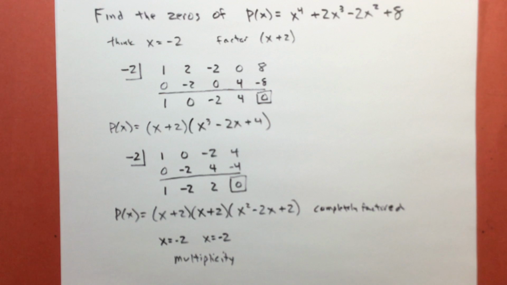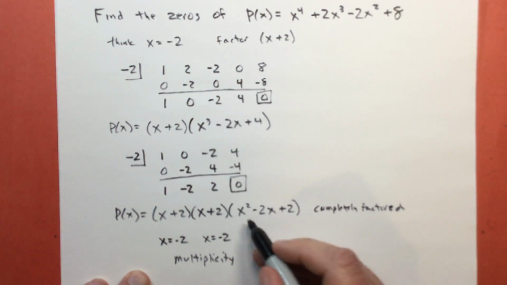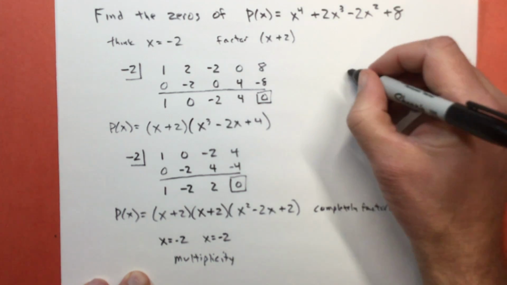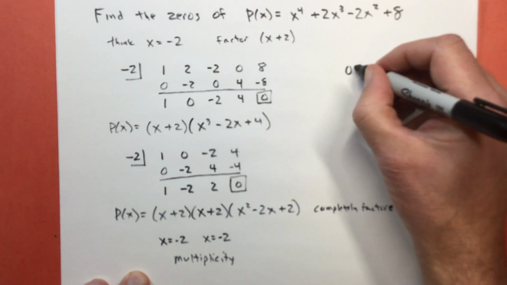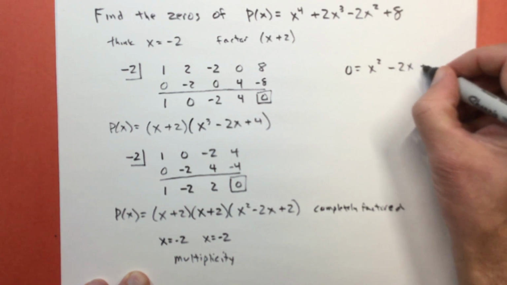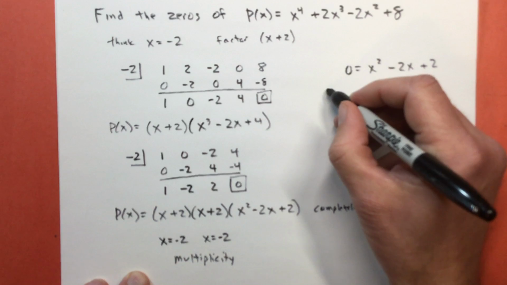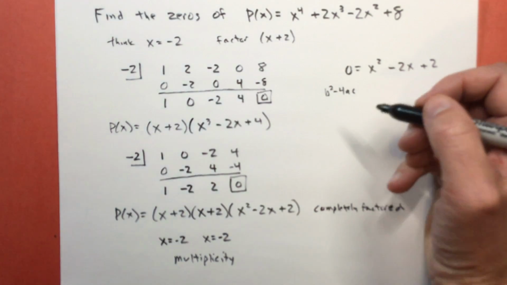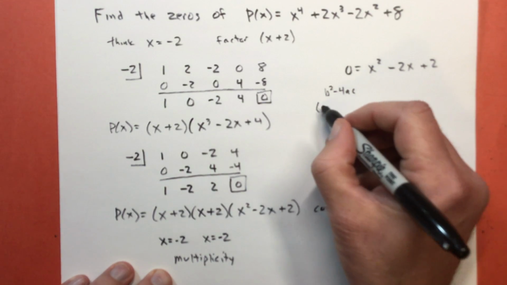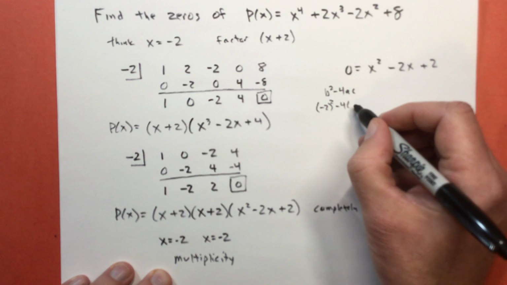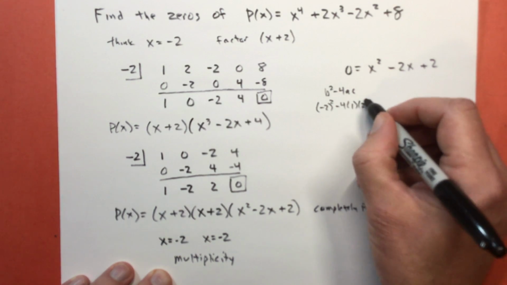What about this one? All right, so now I'm going to find the zeros using the quadratic formula. So I've got 0 equals x to the second power, subtract 2x plus 2. My discriminant, b squared minus 4ac, is going to be negative 2 squared, subtract 4 times 1 times 2.